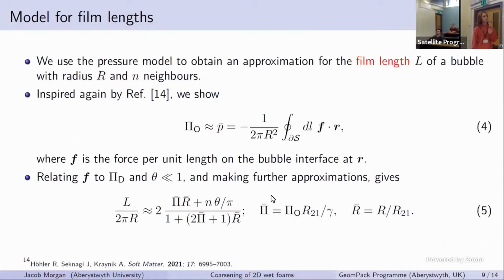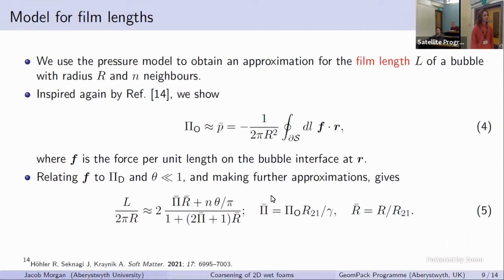So given that we have an approximation for the pressure that seems to work reasonably well, it was interesting to think of whether this could be applied further in modeling another important bubble property for looking at coarsening, that is the film length, or in particular the proportion of the bubble's interface that is covered by films as opposed to in contact with plateau borders of liquid.